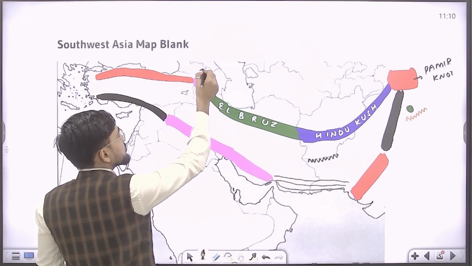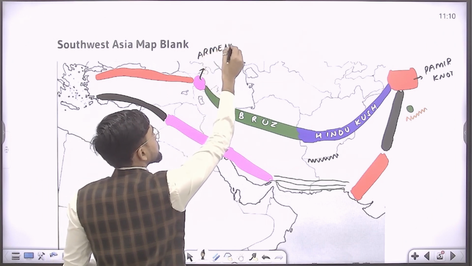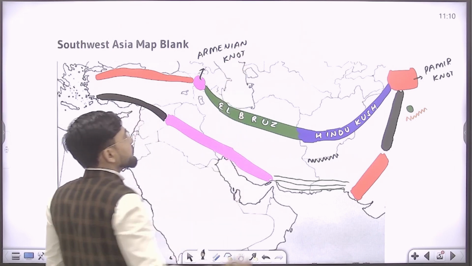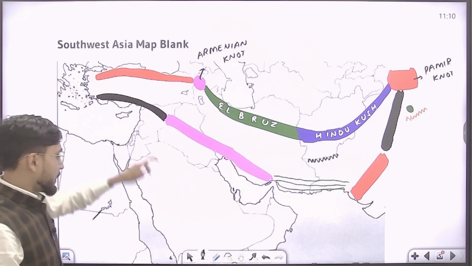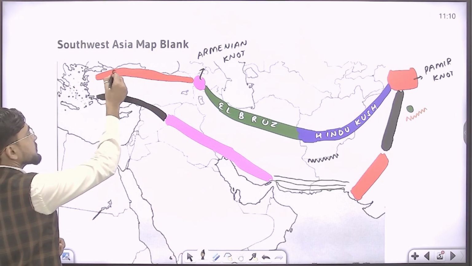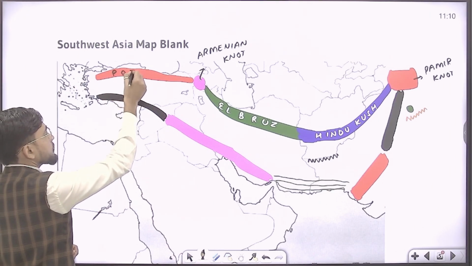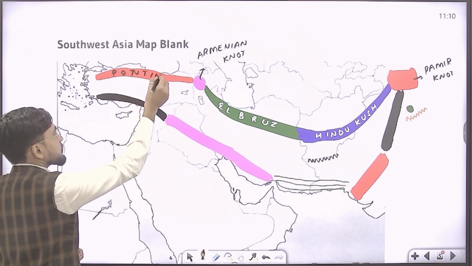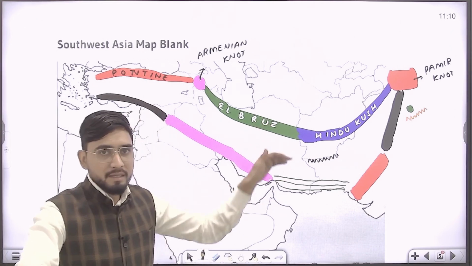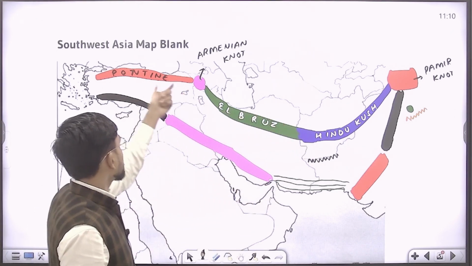This is the other knot, called the Armenian knot, and from the Armenian knot it goes to the far eastern region, where it is known as Pontic. In Turkey it's known as Pontic. So these are the three ranges which move in the northern direction on the western side of Pamir Knot: Hindu Kush, Elbrus, and Pontic.